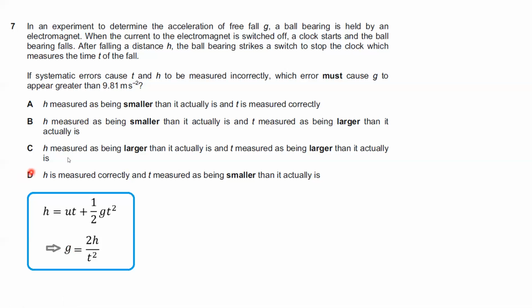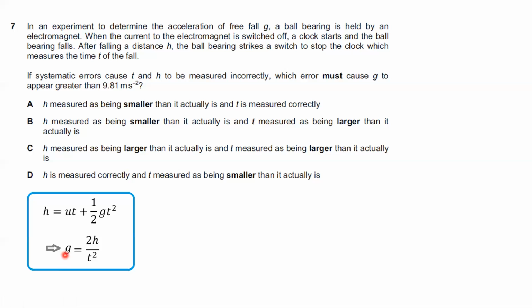Option C, h measured as being larger than it actually is, and t is measured as being larger than it actually is. In this case, h is greater, so g is proportional to h. g is measured greater, while your t value is greater. Since it's inversely proportional, your g value decreases. So there will be no change or little change in your g.